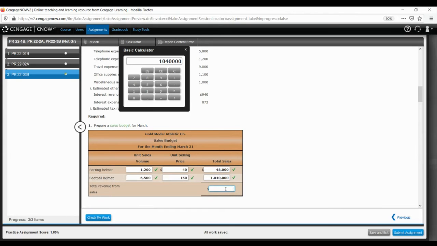The last thing on the sales budget is wanting you to total the sales of both the batting helmets and the football helmets. So we're going to combine the total sales together. And that's going to give us a total sales figure of $1,088,000.